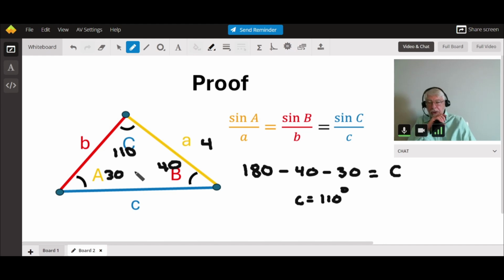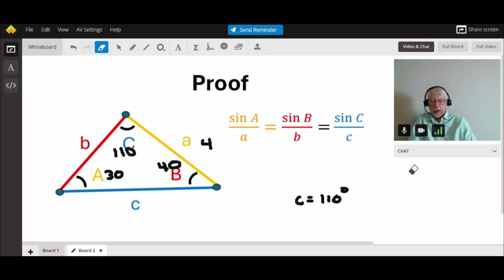So I know that I'm not dealing with a right triangle. So now to find the missing sides, I need to use the law of sines. Well, I have enough information. Let's see if I can set up some simple proportions. I know that I have a measure of angle A and I have the opposite side, it's length 4.